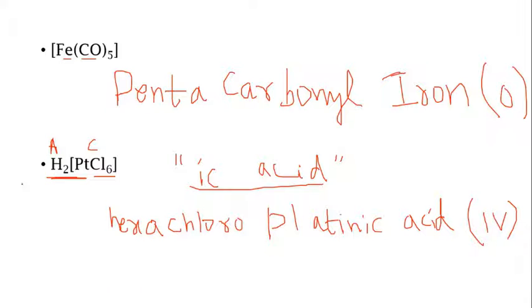So whenever you have hydrogen outside the coordination sphere, in such cases your metal should end with IC acid. This is the suffix to be used. So the entire name of this particular compound is hexachloroplatinic acid, and in the bracket you will write the oxidation state of the metal, which is 4. So next, this is the example. You please write the name of this particular complex according to IUPAC rules and place it in the comment section.